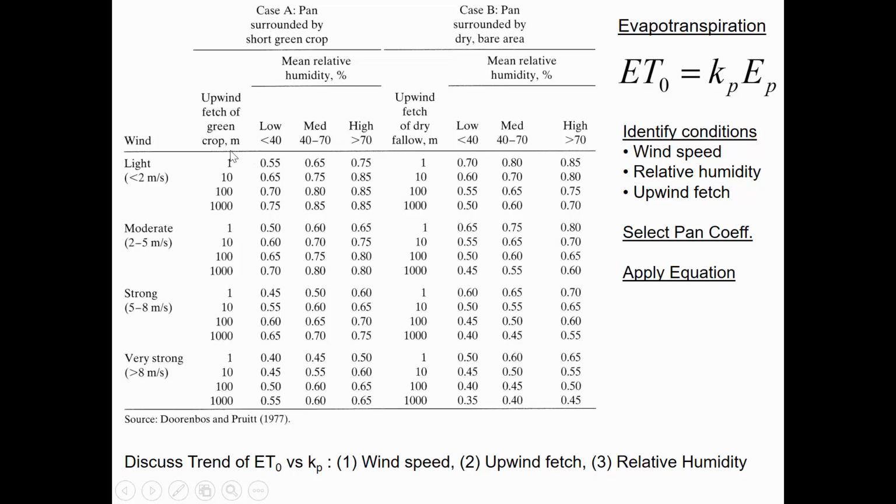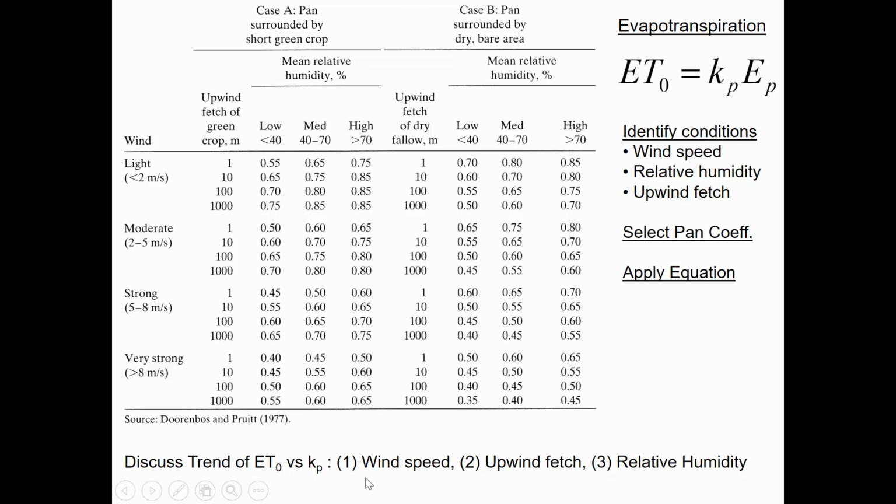We'll talk about the different trends that are accounted for in this table, but once you have that K sub p, the pan coefficient, which is a decimal less than 1, then you'd multiply it by the evaporation that was observed in the pan, and that would tell you how much evapotranspiration occurred in a crop of interest. And so there would be different tables like this for different crops. There may be a wheat table, there would be a different table for corn, I suppose a table for pineapples if we were keeping track of that.